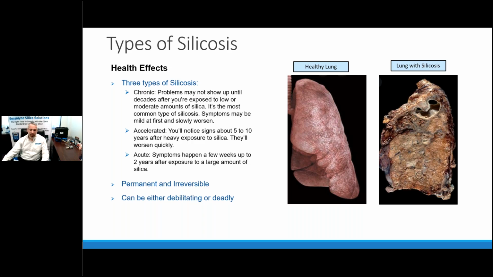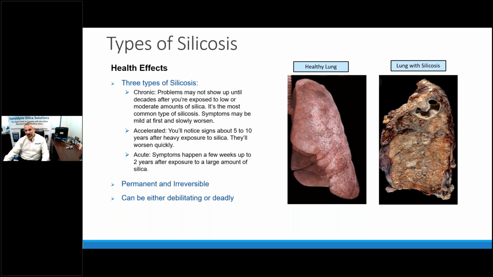And then you have acute, like we were talking about with the cutting of granite kitchen countertops, where symptoms happen a few weeks up to 2 years after exposure. And this is really to a large amount of silica.